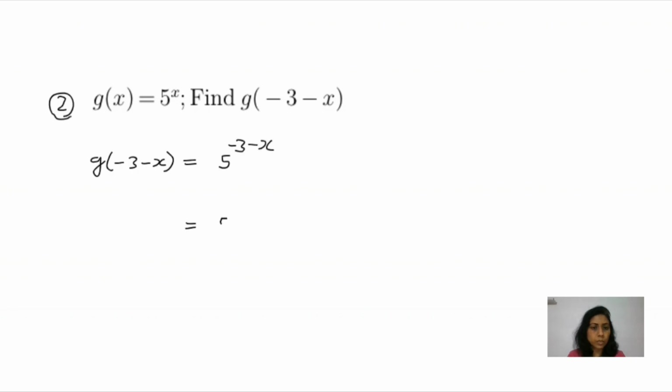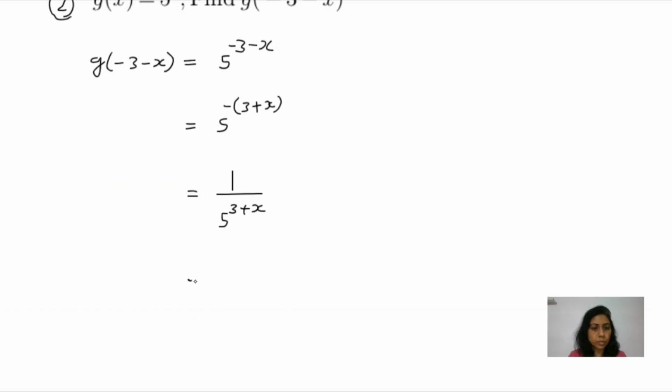So here we can solve 5 to the power negative, we can take the negative common, so −(3 + x). Use here the exponent property, this is a negative power. So when we convert into a positive power, we get 5^(3+x) in the denominator.